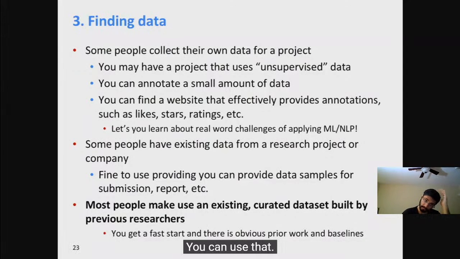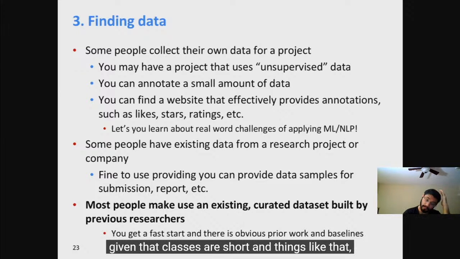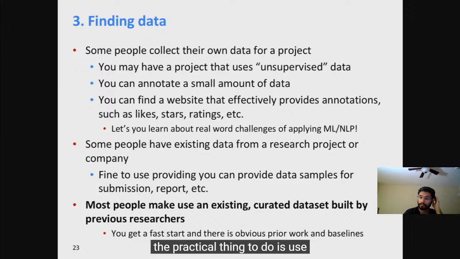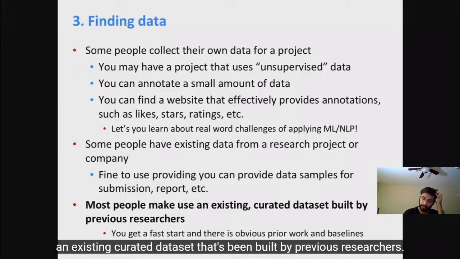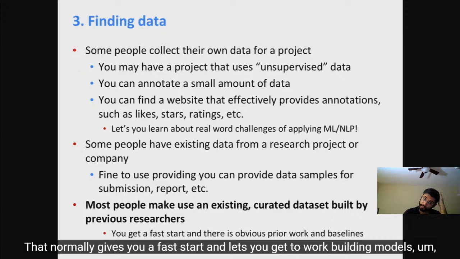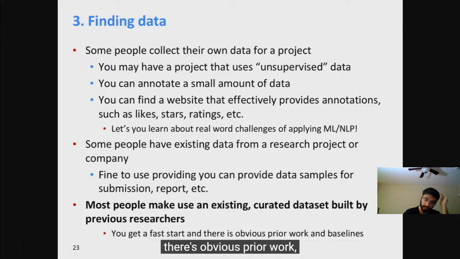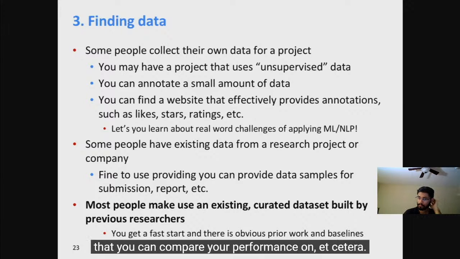You can use that. But nevertheless, for most people, given that classes are short, the practical thing to do is use an existing curated data set that's been built by previous researchers. That normally gives you a fast start and lets you get to work building models. There's obvious prior work, and there are baselines and previous systems that you can compare your performance to, etc.